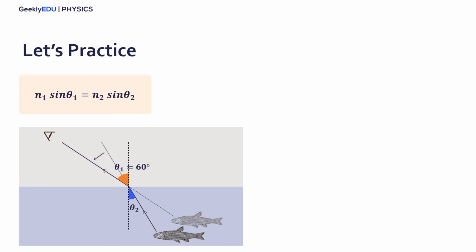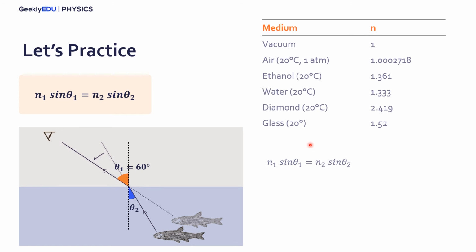Alright, now it's time to put it into practice. Let's use the same simple example, but now we know that the angle at which we are looking at the fish is 60 degrees, and we want to find the second angle. We can just apply the law of refraction. We know that this is air, and here it's water.